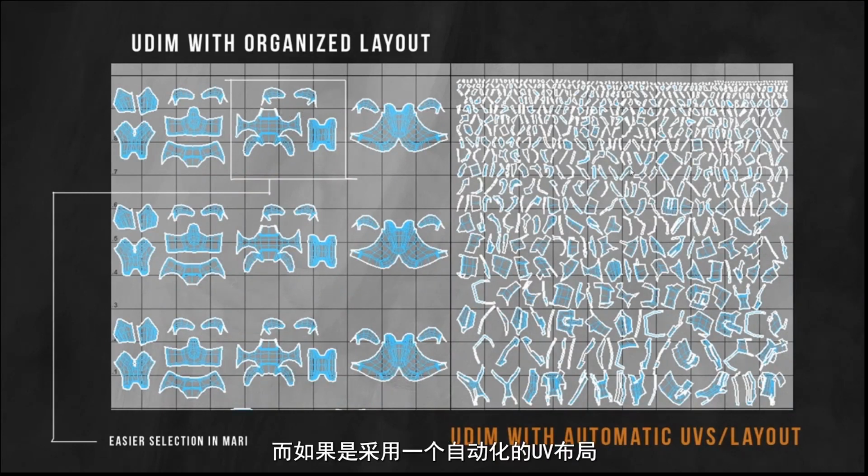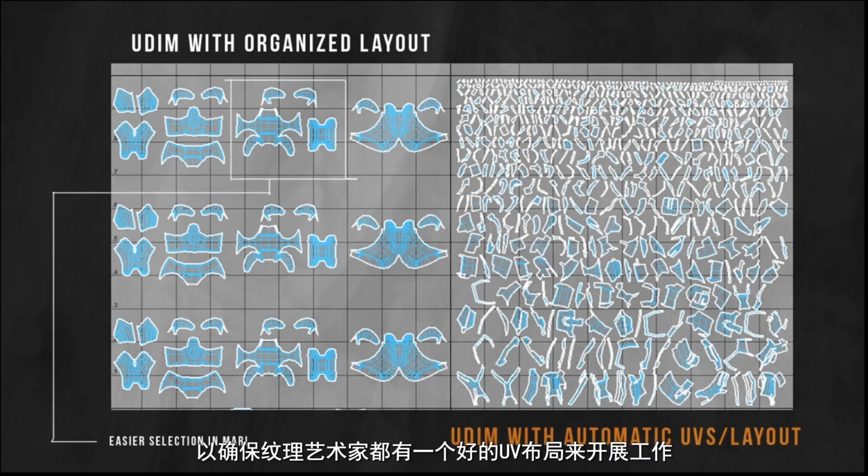Because if you have automatic UV layouts, it would be a nightmare for you to select them. So this is something that, especially if you're working in a company, it's really considerate for you to organize the UVs properly and make sure that the texture artists have a good layout to work with.